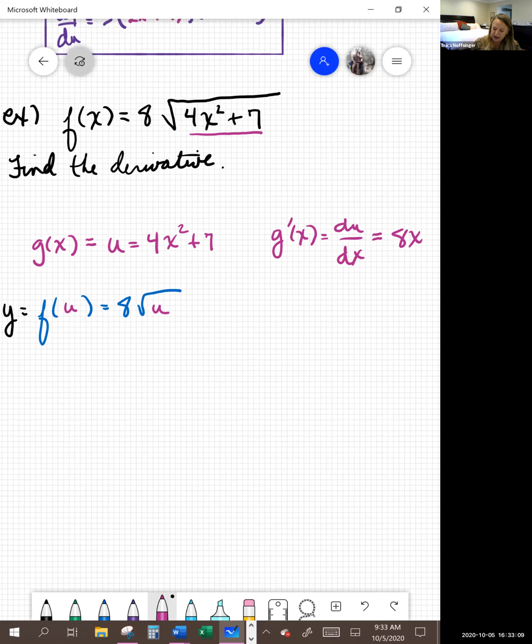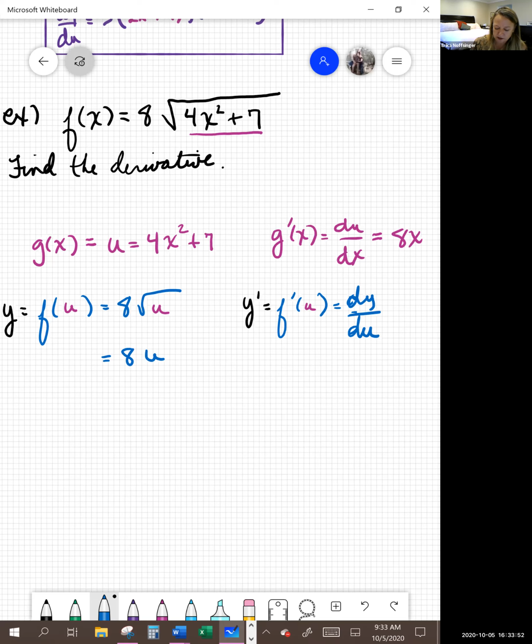And the derivative of y, which actually, before we can take that derivative, sorry, derivative of y with respect to u, this should be dy over du. With respect to u, we need to rewrite this as 8u, and so rewrite it in exponential form.